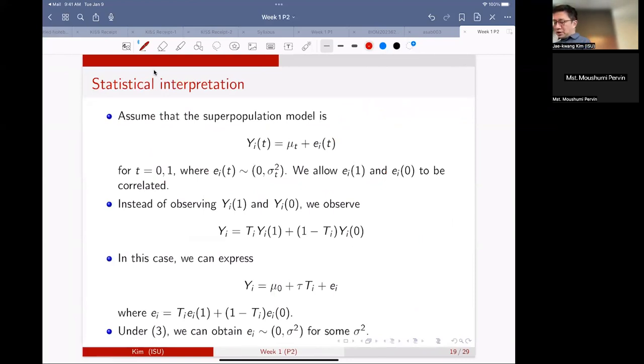So suppose tau, you can write tau as mu1 minus mu0, right? Where mu1 is the expectation of the potential outcome y1, and mu0 is the expectation of the potential outcome y0. Then there's a model. So what kind of model can you think of? The model for the potential outcome is a kind of bivariate.